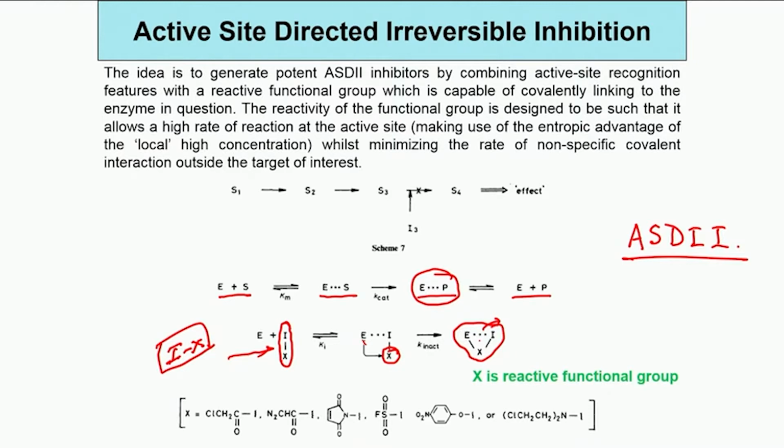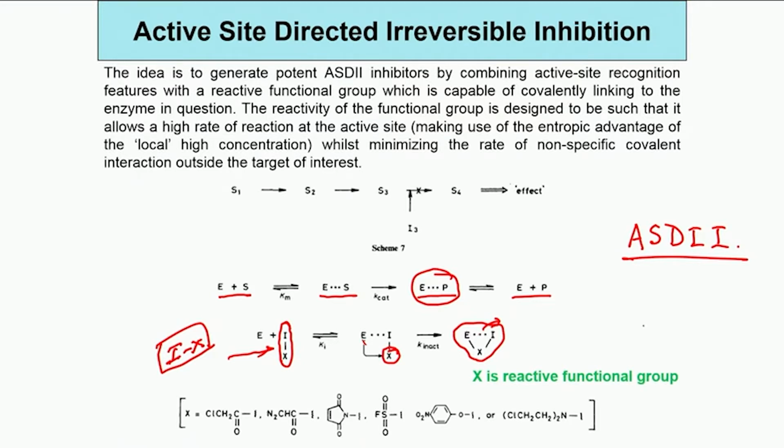That means the molecule binds, and it already has a very reactive functionality, and while it binds, the enzyme amino acid residue, which has an extremely reactive functionality, immediately reacts with X, and in the process E gets tied up covalently with this IX molecule. So, even if this portion is broken now, your enzyme is covalently attached to this IX.